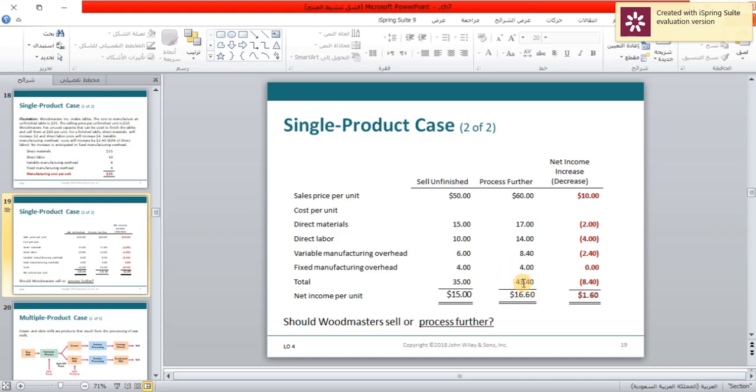Therefore the net income per unit is $16.60. The incremental analysis, the difference between alternative B and alternative A, is positive $1.60. So the decision will be to process further. Process further will increase net income by $1.60 per unit.